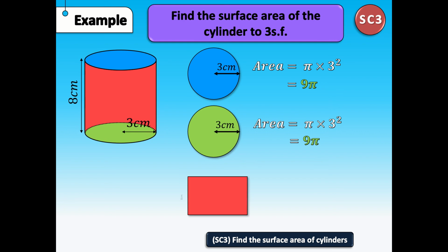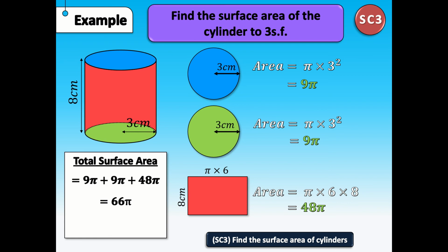And then we find the area of the curved face, which is 48 pi. So that's a total surface area of 66 pi. So to 3 significant figures, that's 207 centimeters squared.